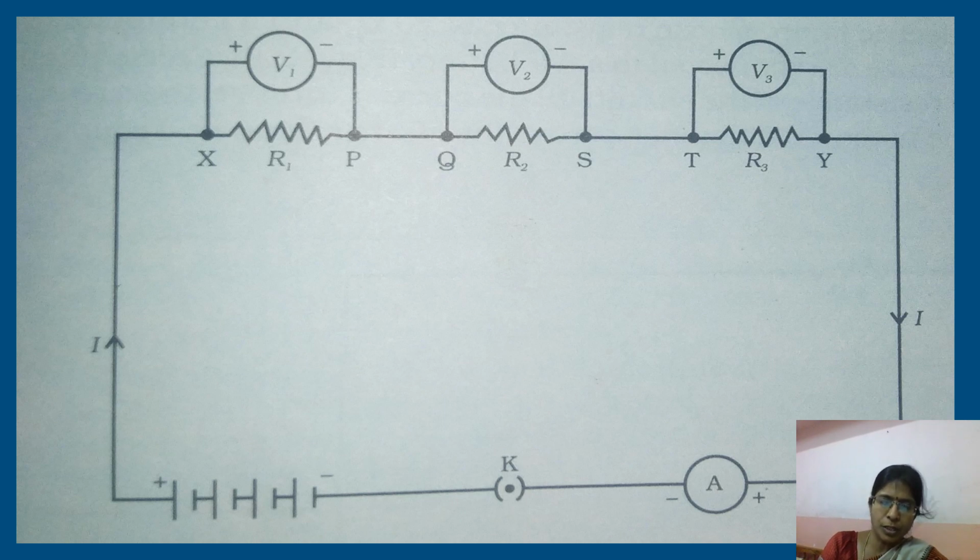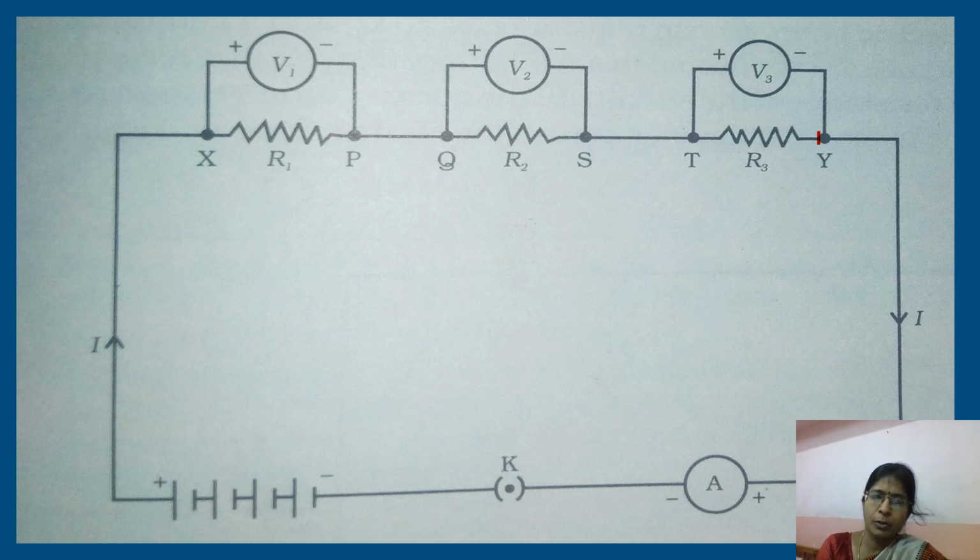Now, first time we have noted down the potential difference across the points X and Y. These 2 points between X and Y. This value is equal to V. And the potential difference across the battery is also noted down. After then, insert the voltmeter across the points X and P.